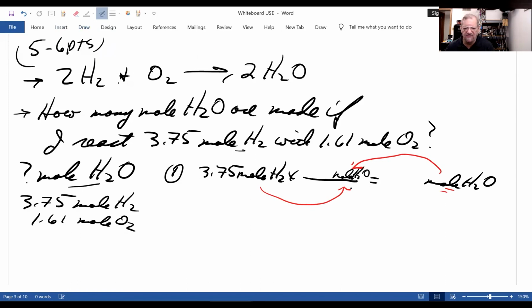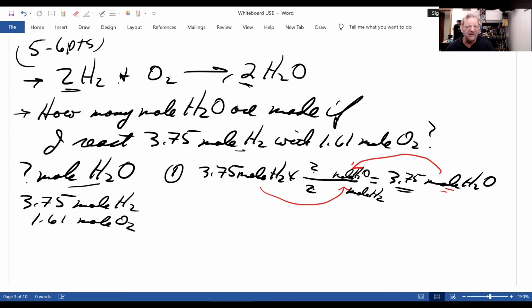Moles of water, moles of hydrogen. Where do I get that? 2 moles of hydrogen make 2 moles of water. This one I don't even have to get my calculator out because these are exact numbers that cancel out, and I get 3.75 moles of water produced.